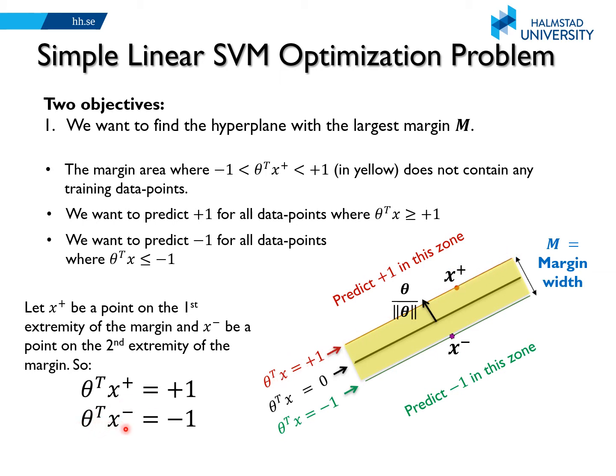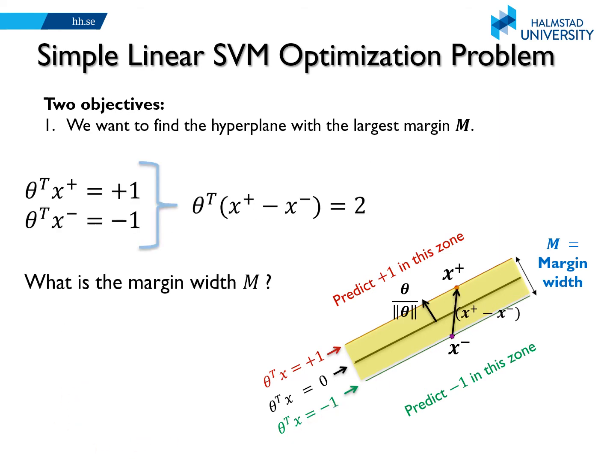And theta transpose x minus is equal to -1, right? Because x minus lies on this extremity. Now, based on these two equations, you can multiply the second one by -1 and add them side by side, and you will find that theta transpose (x plus minus x minus), so this is a vector difference, is equal to 2.